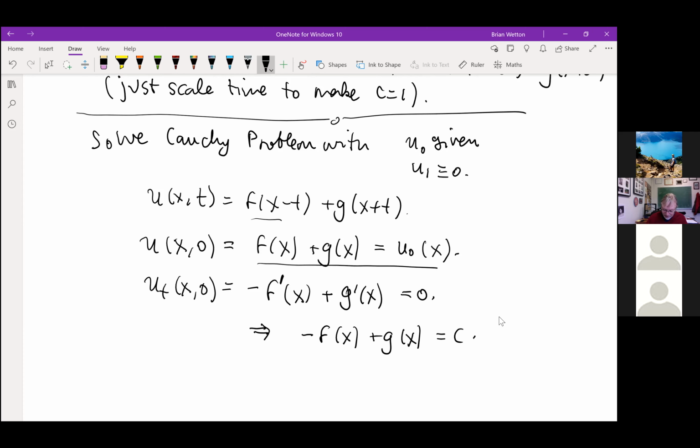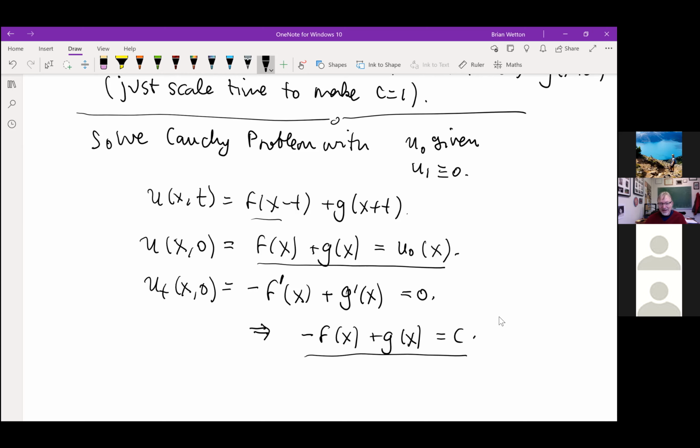Okay, and I can look at this and notice that this is an easy linear algebra problem for f and g at every x, right? And in the prepared notes that were posted, it's saying add me, subtract me, right? This is what this is yelling at us to do, right? So it's a linear system.